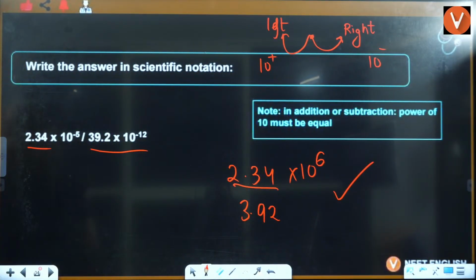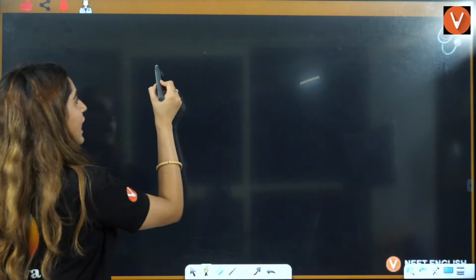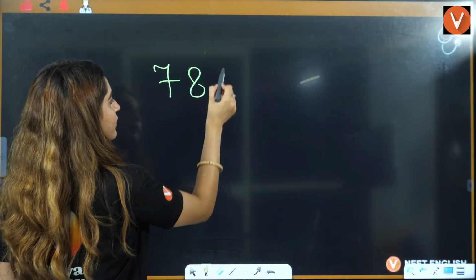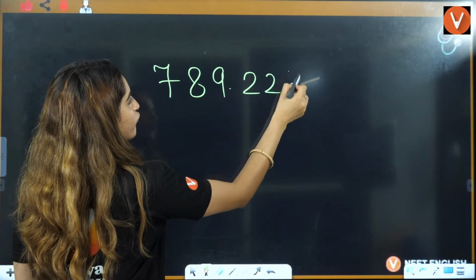Is that clear everyone? Okay. See, simple is, let's say I have 789.224.